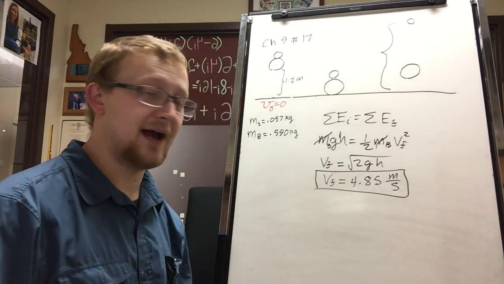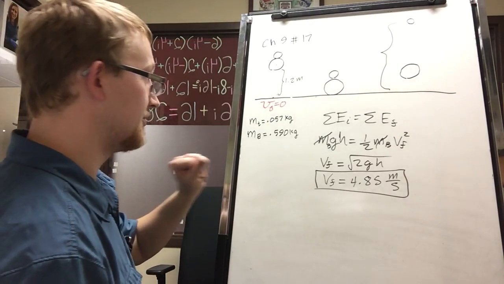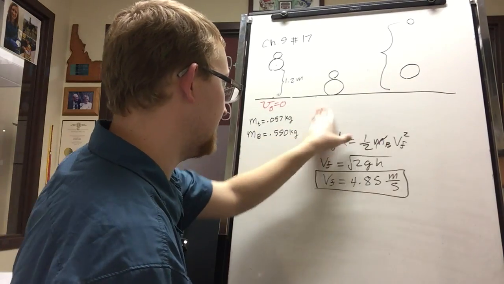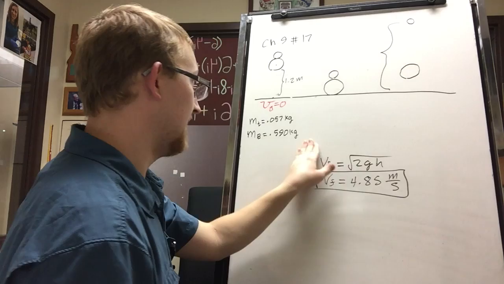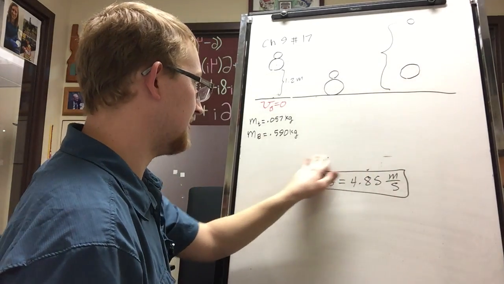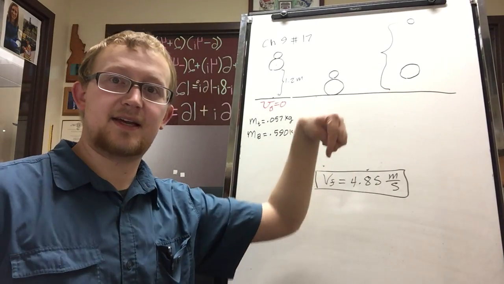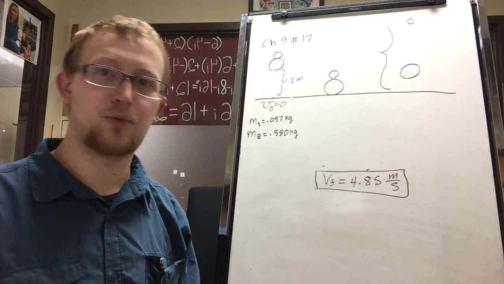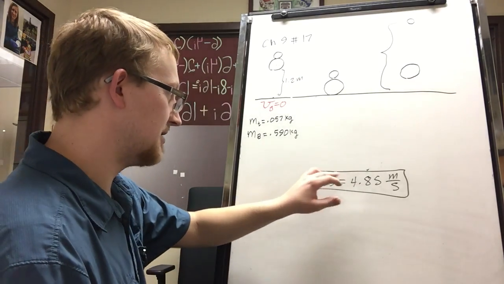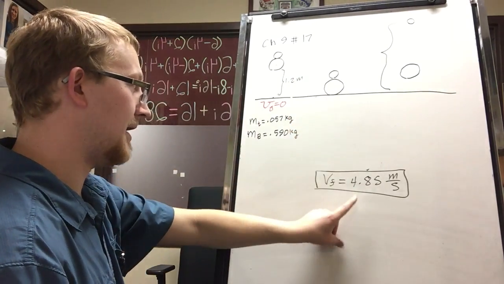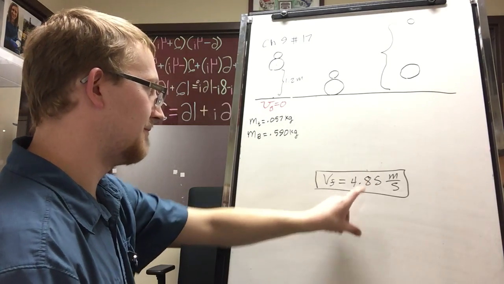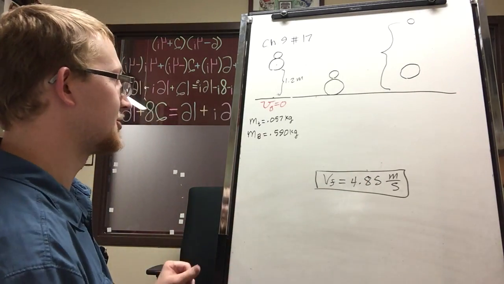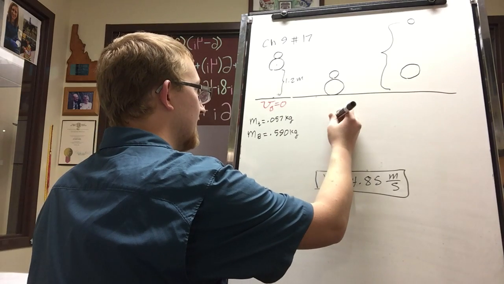Then the next part, we're going to have to move from one frame to another. The problem specifically tells us that right after the basketball hits the ground, it instantaneously switches velocity upwards. So we know that the velocity of the basketball right after impact with the ground is the 4.85 meters per second in the upwards direction. Let's draw a diagram here.